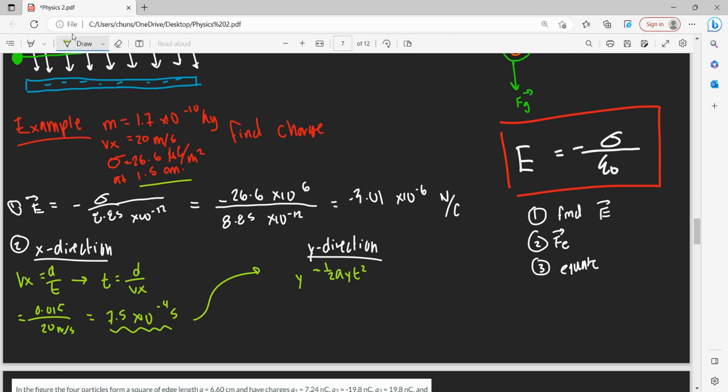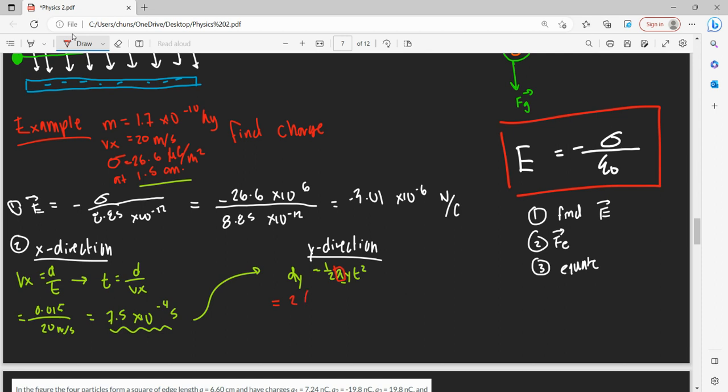Sorry, we want to find our acceleration, because we want to use that to find our opposing force. So we are looking for acceleration.